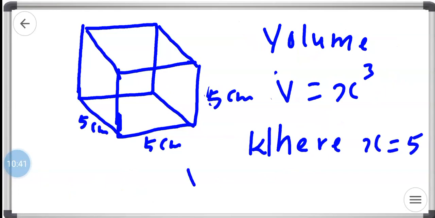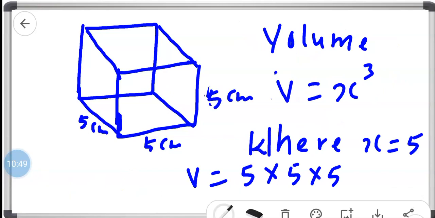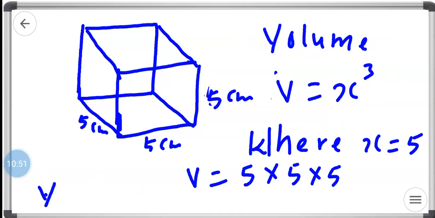So my volume V now equals 5 multiplied by 5 multiplied by 5, which is 125 centimeter cube. Sorry, this is volume, so centimeter cube.